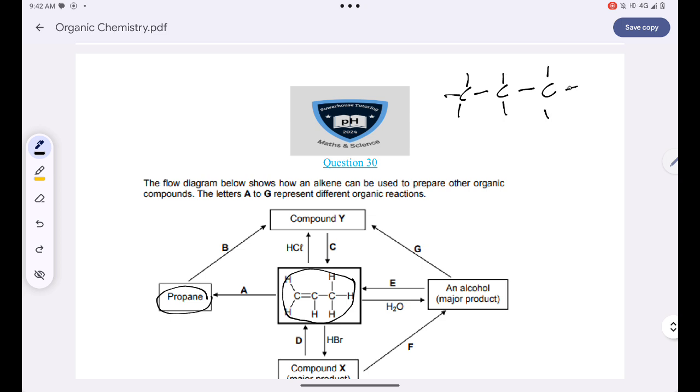Our compound Y would be a chloroethane. Are you together? So if I want to move from propane to form this chloroethane, that means I must perform a substitution reaction.